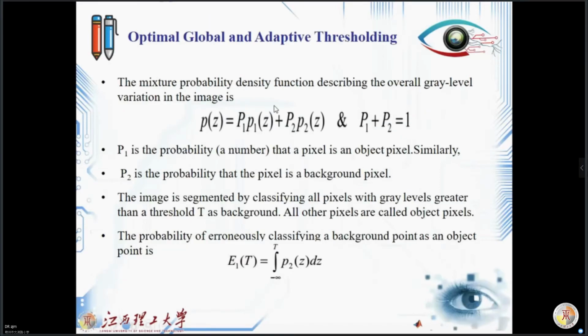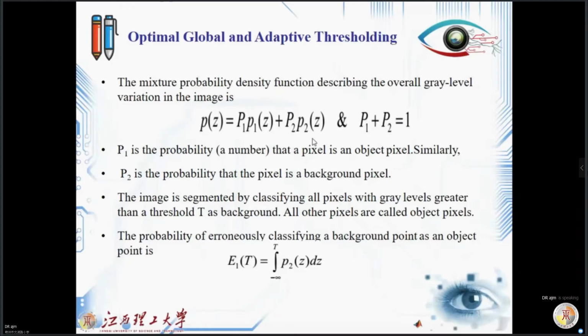As we said, the optimal global and adaptive threshold uses the mixture probability density function, which describes the overall gray level variation in the image. We can have the formula as mentioned here, in which P1 is the probability that a pixel is an object pixel.